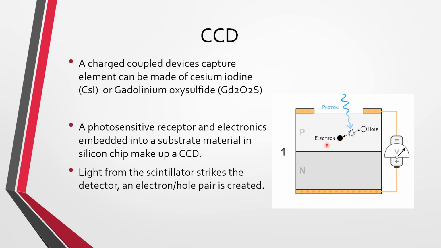It will respond by releasing an electron, and then there's what we call a hole. In the shells of the atom, it's now missing an electron. That's what we call a hole. There should be an electron there. There's not.